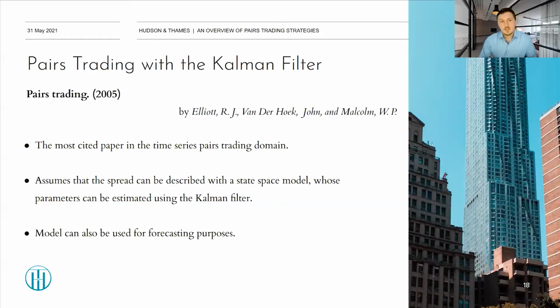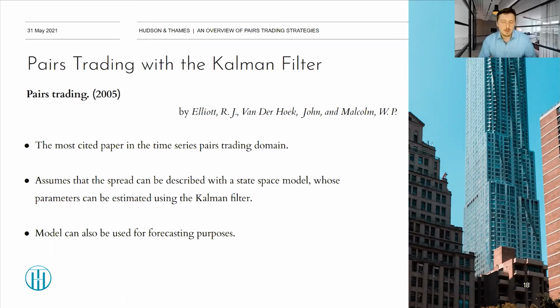Next, pairs trading with the Kalman filter. The main paper in the domain of pairs trading with time series is Pairs Trading by Elliott and others. It's the most cited in the domain, and the main idea is that we assume we can describe the spread as a specific state space model, and its parameters we can estimate using the Kalman filter.